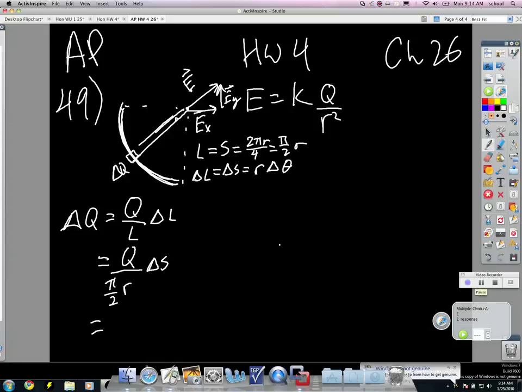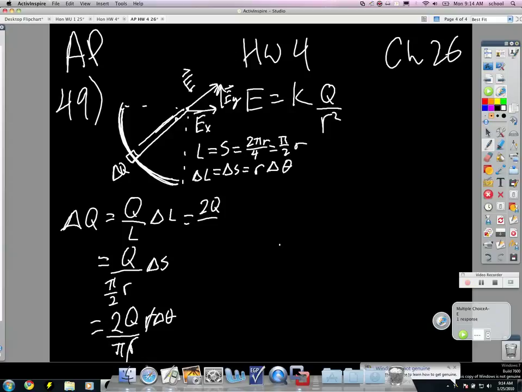Those r's are going to cancel, and my delta Q ultimately becomes 2Q over pi delta theta. I know, the whole thing comes out like a house of cards. Everybody's still okay with this, right?